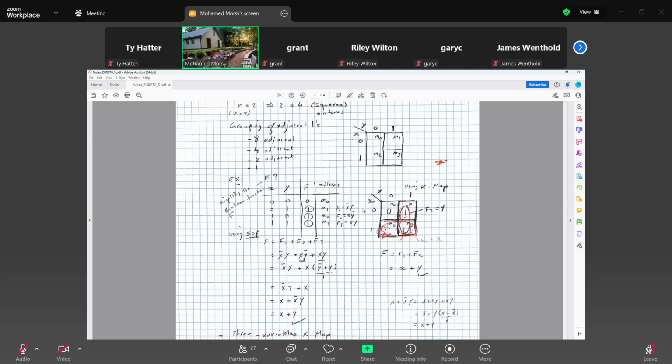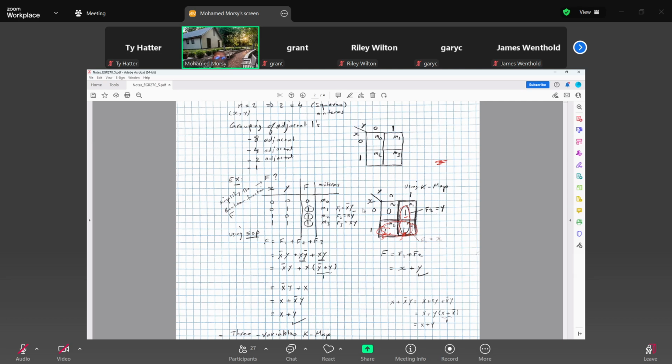So we have two groups. Each group has a fundamental product, say F1 and F2. To get the product terms, the rules are: if the variable within this product term has one value, we take this variable and put it in the product term.